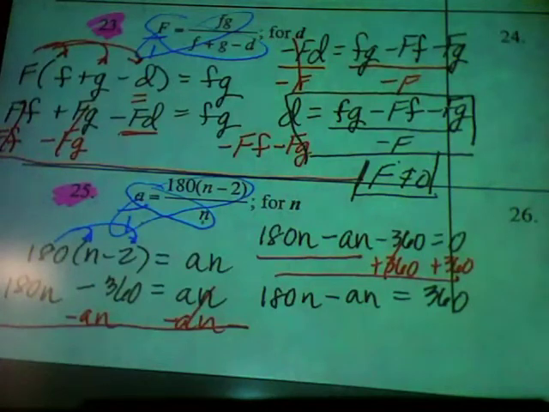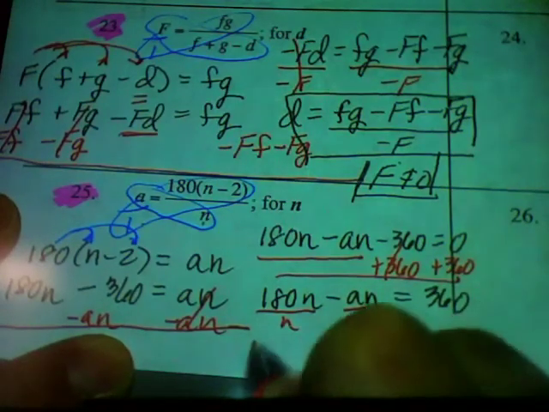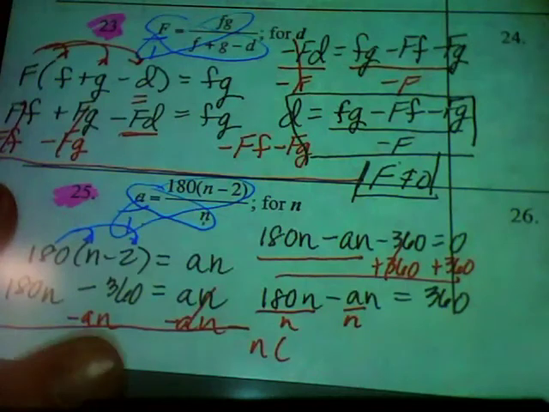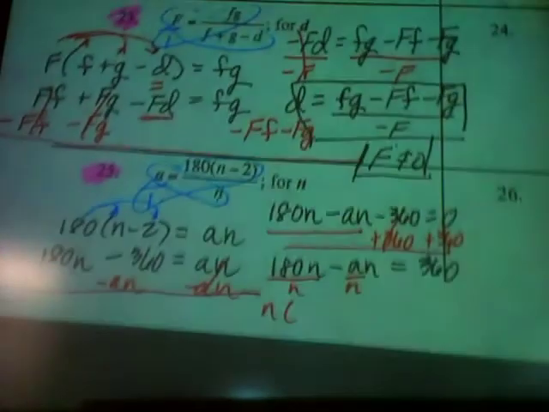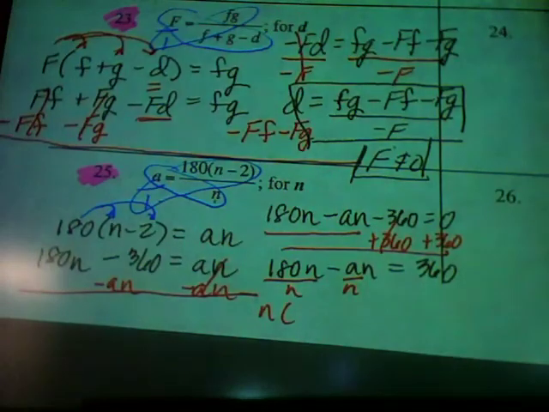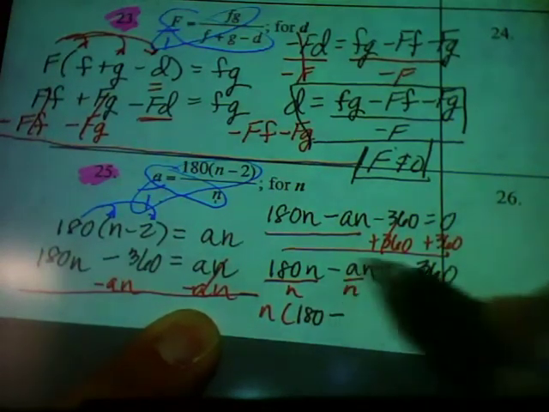An N. Can't you do the reverse distributive property? Can't we factor out, divide that by an N and divide that by an N and put that out in front? What happens when I do that? What's 180N divided by N? 180. Minus, what happens here?